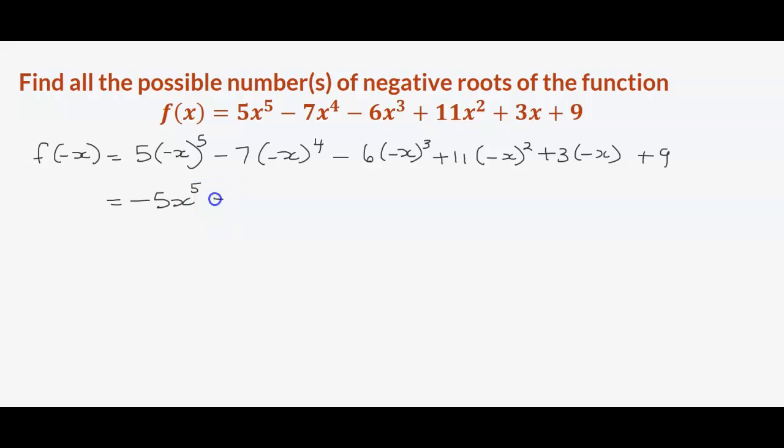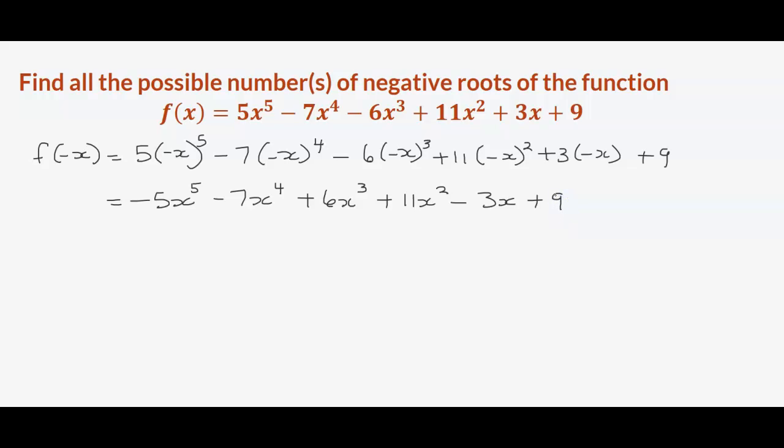So it's going to be minus 7x to the 4th power. This is minus 6 here, and this is going to be negative, so this is plus 6x to the 3rd power. This is going to be plus 11x squared minus 3x plus 9.